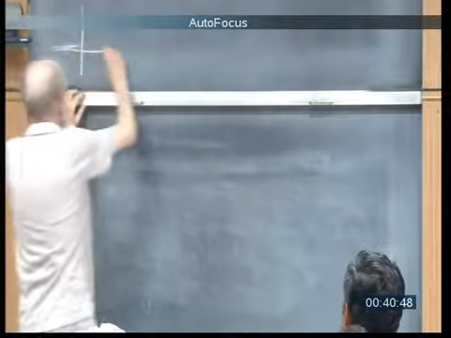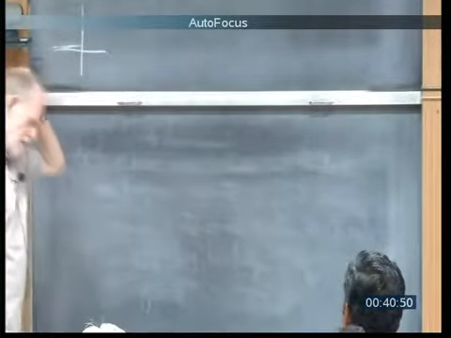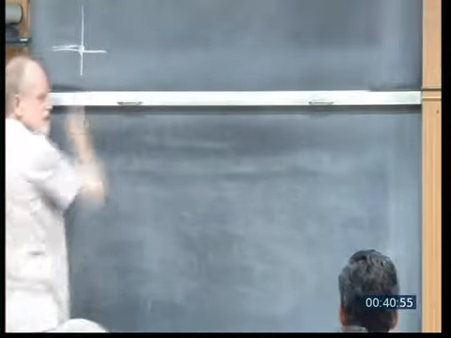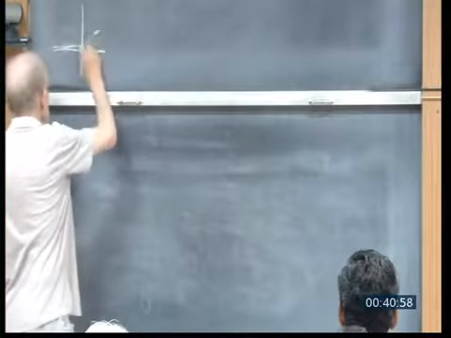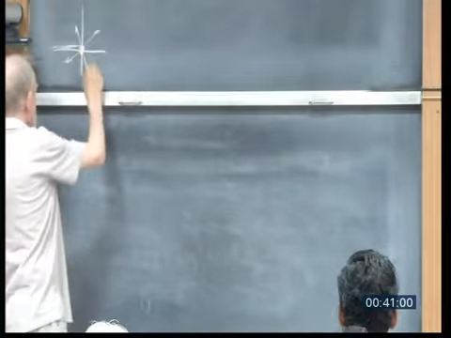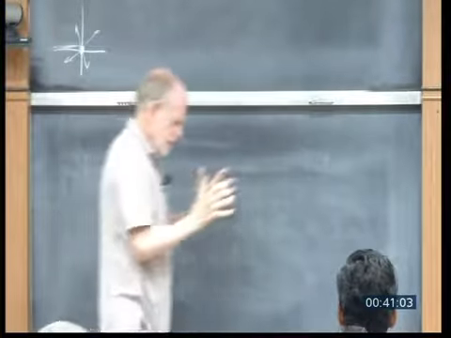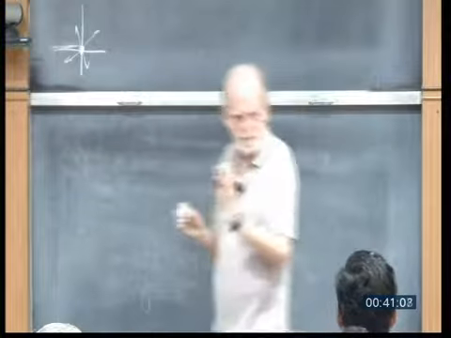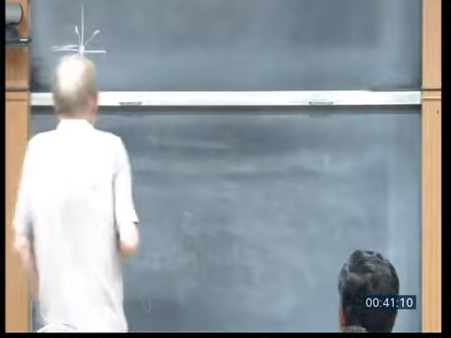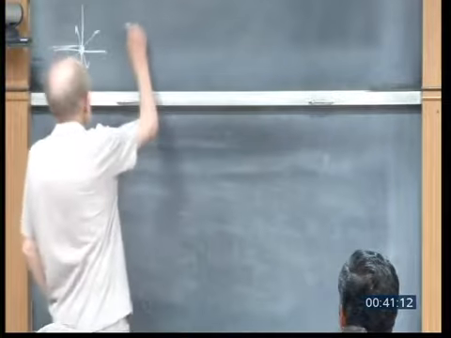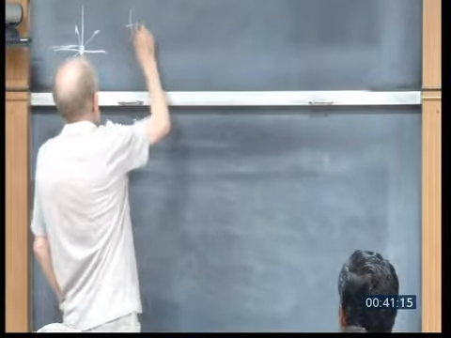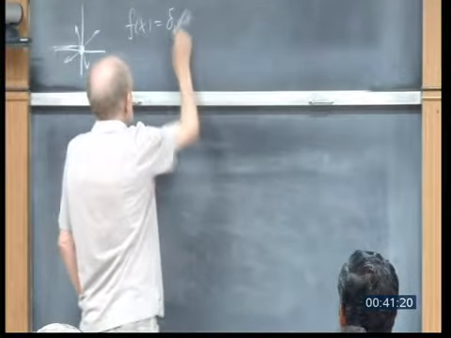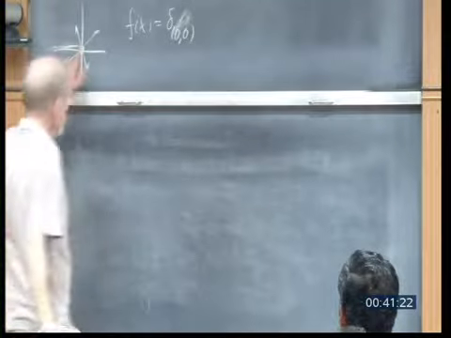To compute, choose f with a singularity at, say, the origin, with all cotangent vectors about that point in the wavefront set. And the easiest example is the delta function.